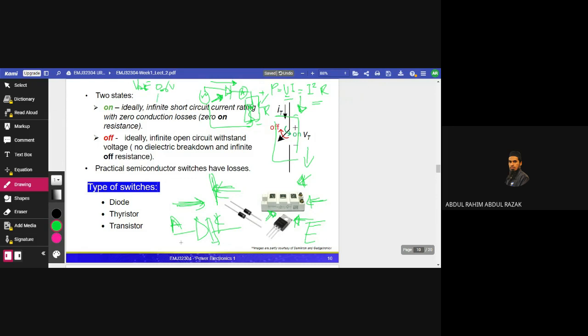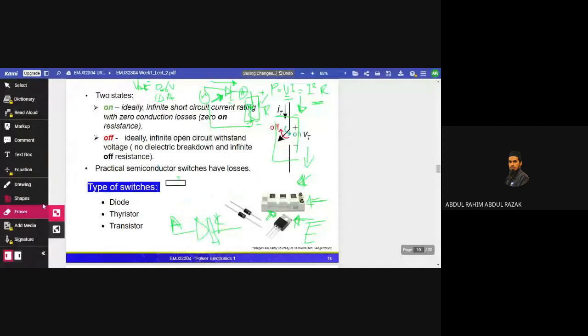Let's say if you have 100 ampere, let's say 10 ampere, 100 ampere is too big. 10 ampere of conduction current. So how much are the losses in our diode right now? The equation is not I square R, because the equation now is related to the voltage drop.